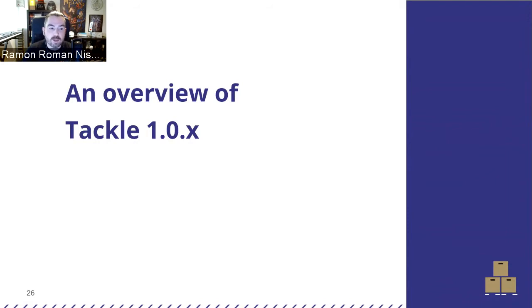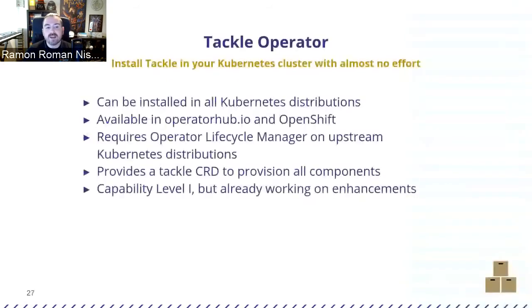So first of all, I already mentioned this, but yeah, we have an operator to deploy Tackle. And the first question that I usually get from organization customers and people from the community is that since we are from Red Hat, they kind of believe that it's only compatible with OpenShift, and that is definitely not the case here. We made Tackle to be deployed on every Kubernetes distribution.